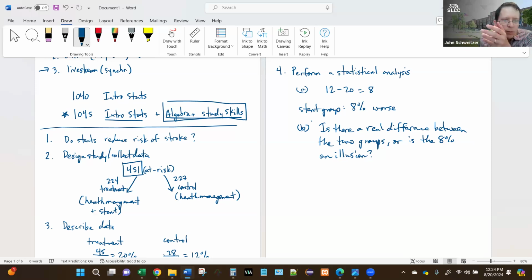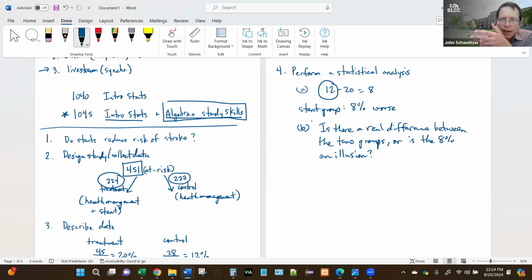And maybe we just got a bunch of people in the treatment group who were in poorer health than people in the control group, right? And maybe it was just a weird selection and we just got a bunch of sick people in the treatment group and relatively healthier people in the control group, right? So I think it's at least possible that if we did this again, we might see differences, right?